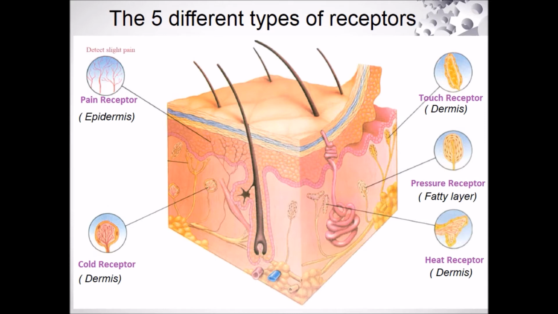The pain receptor helps to detect slight pain. The cold receptor detects cold, the touch receptor detects slight pressure, the pressure receptor detects forceful pressure, and finally the heat receptor helps to detect heat.